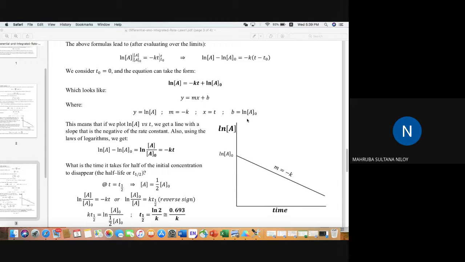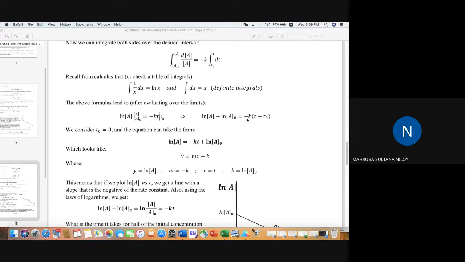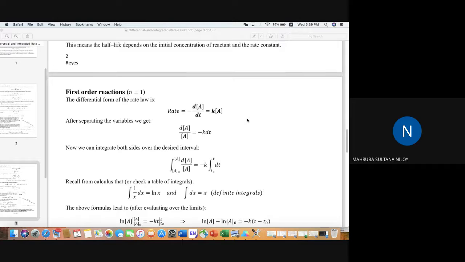So that's why it's constant, right? Is it clear? Yes, sir. Okay, so can anyone explain now the integrated rate law for the first order reaction?